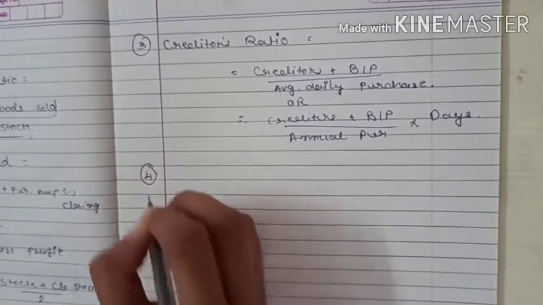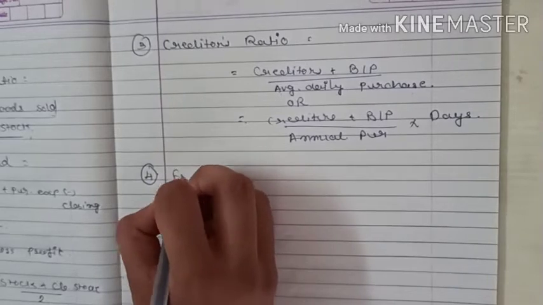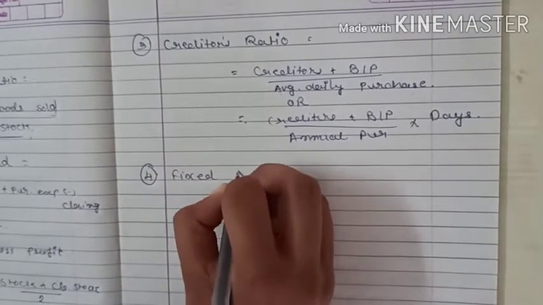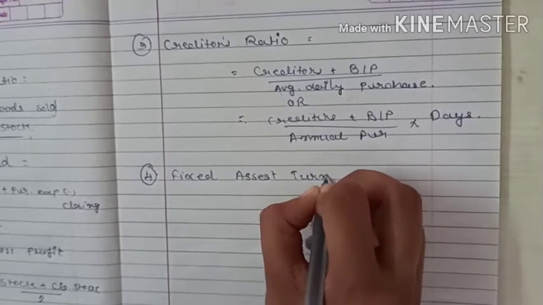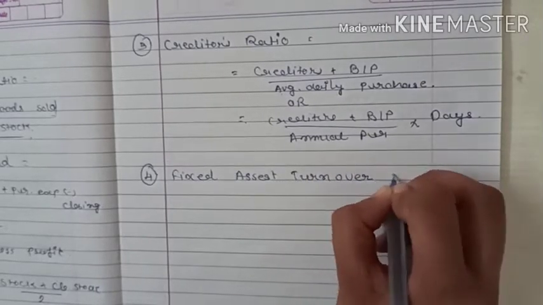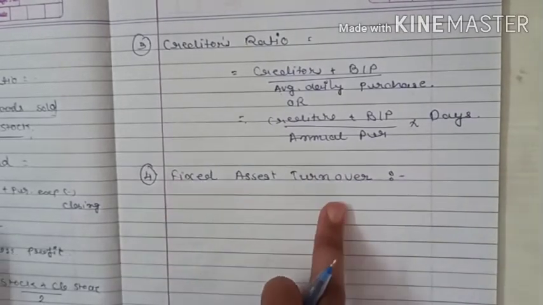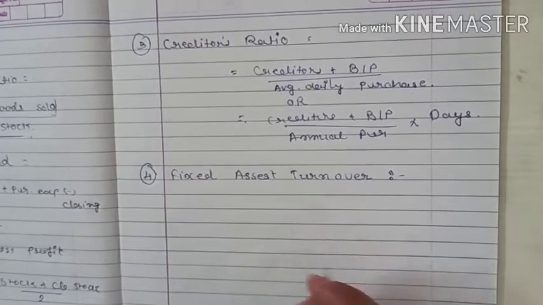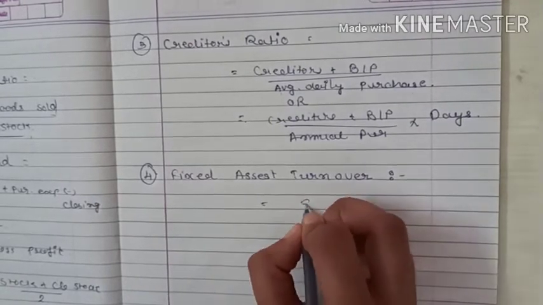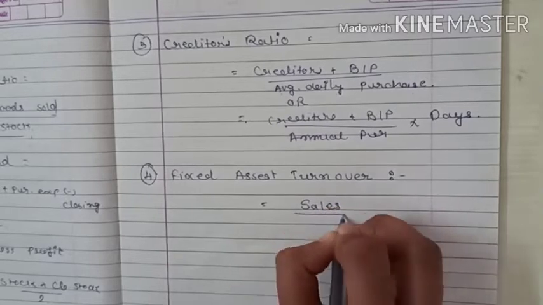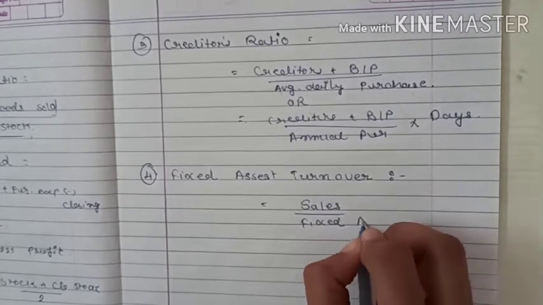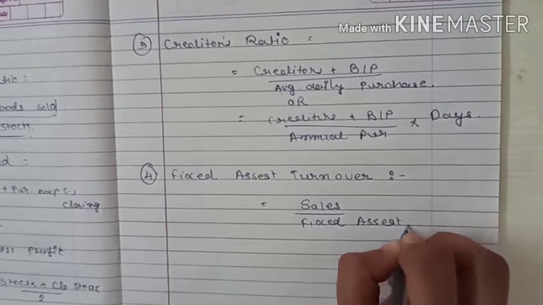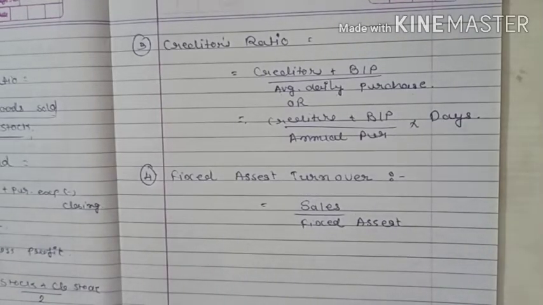Now, fourth is fixed asset turnover. Which one is fixed asset turnover? It is equal to sales divided by fixed assets. Sales divided by fixed assets.